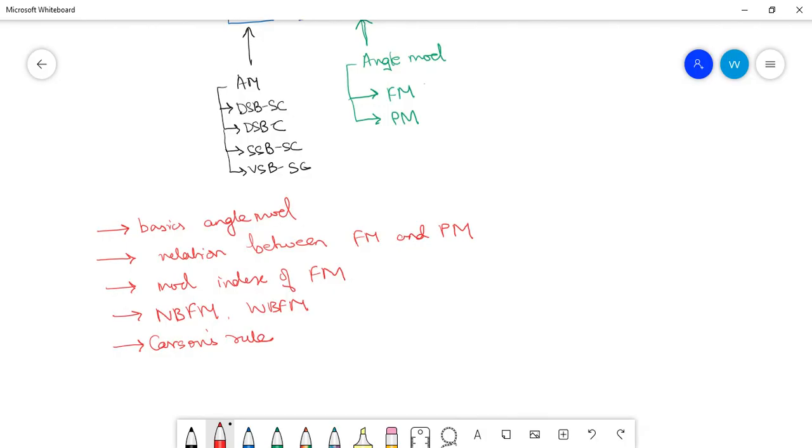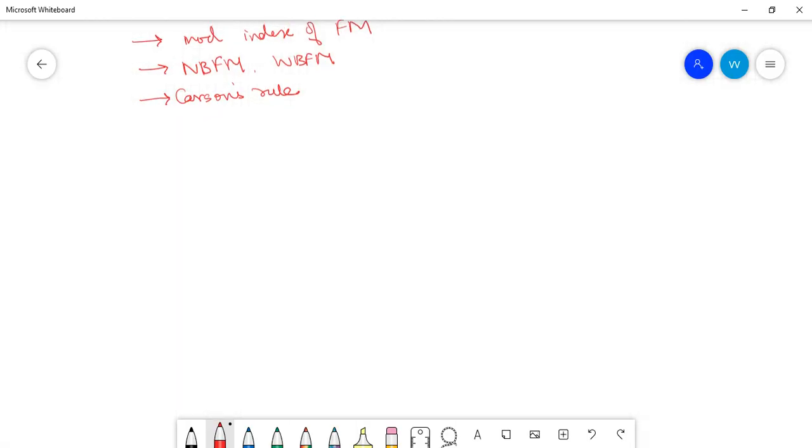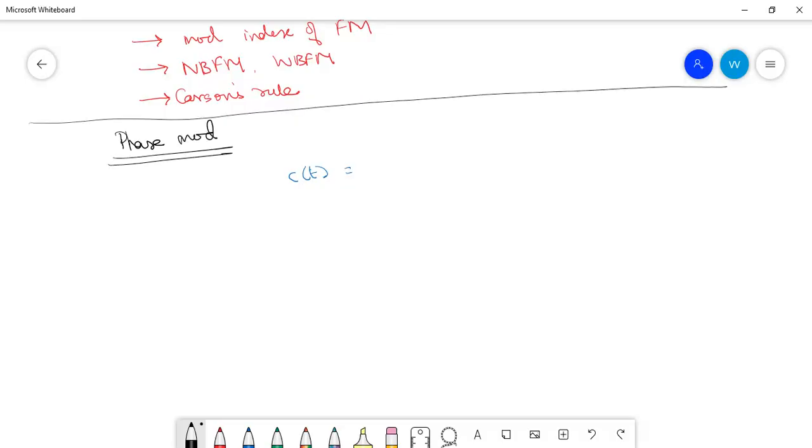Let us see what happens when we try to modulate the angle of a carrier. Let us begin with phase modulation. Say the carrier c(t) is nothing but A_c cos(omega_c t + theta).